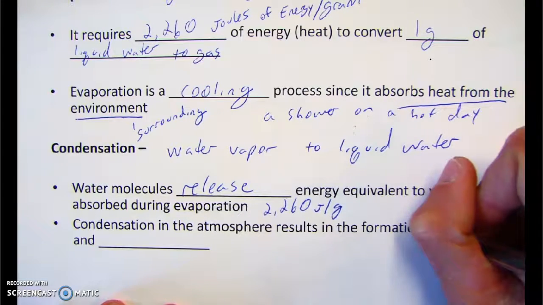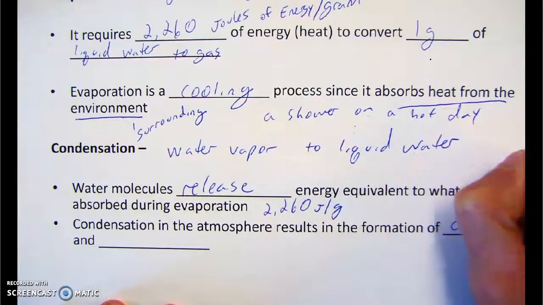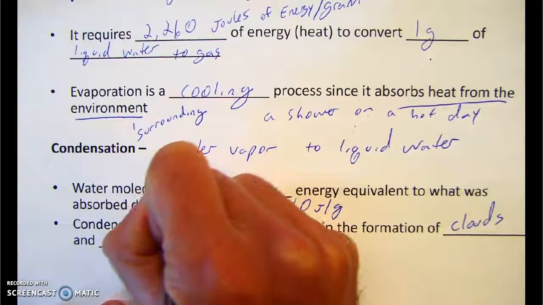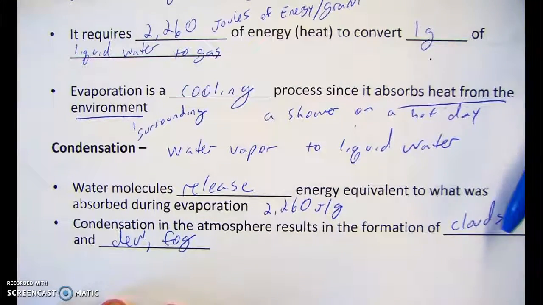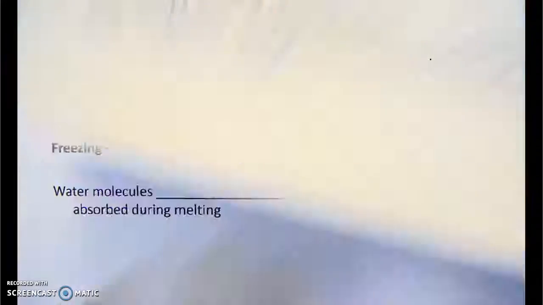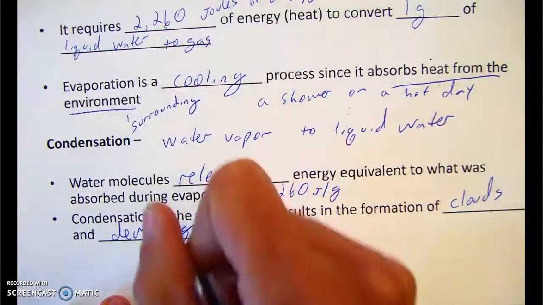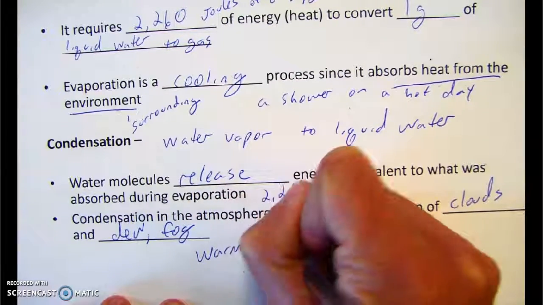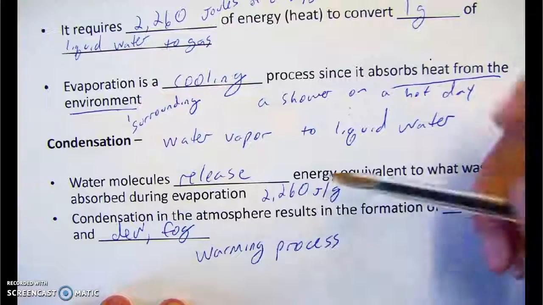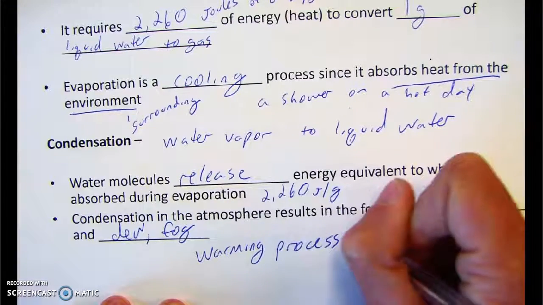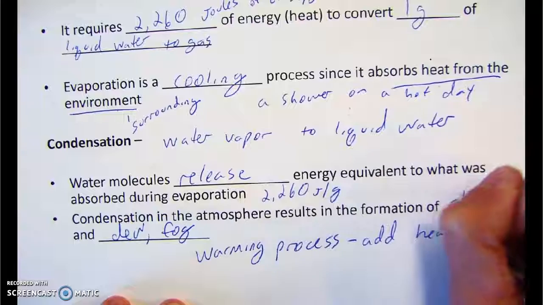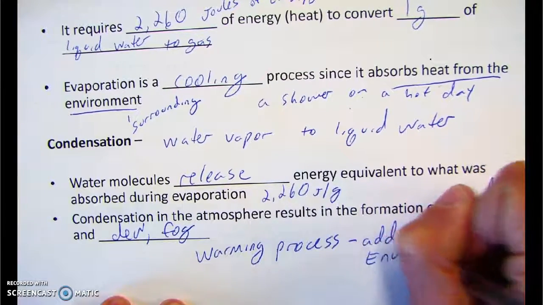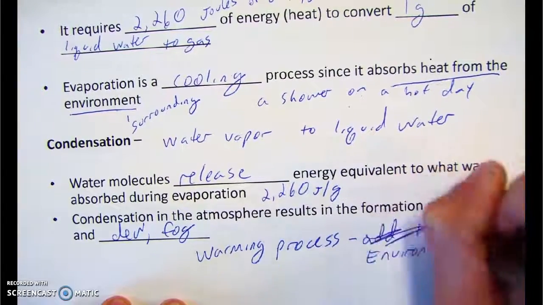Condensation in the atmosphere results in the formation of clouds, dew, fog, and I'm going to add in here, it's a warming process. Because now we have to add heat from the environment. Let me scratch that.